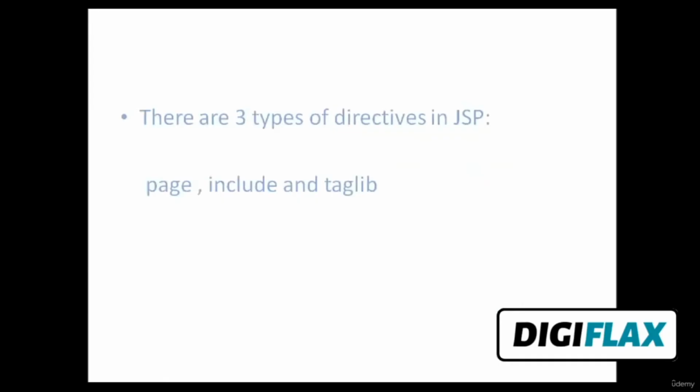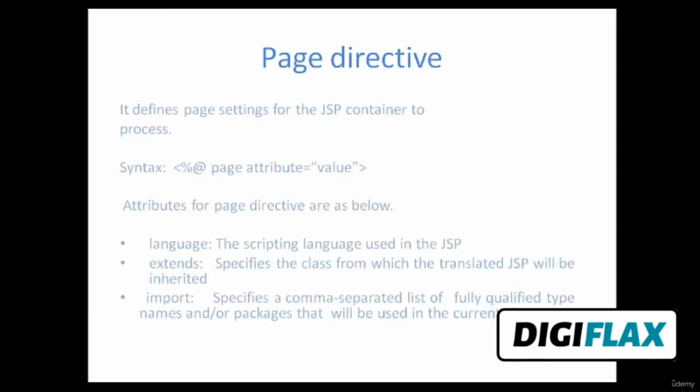There are three types of directives in JSP: page, include, and tag library. Page directive. It defines page settings for the JSP container to process. The syntax is given below. Attributes for page directive are as below.